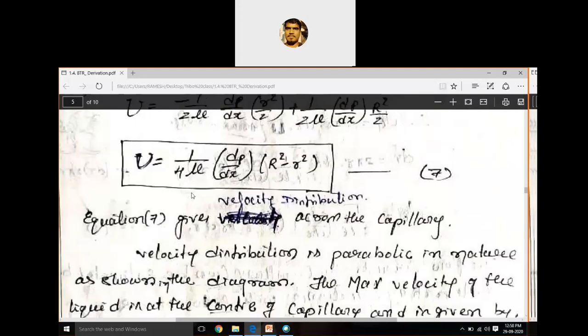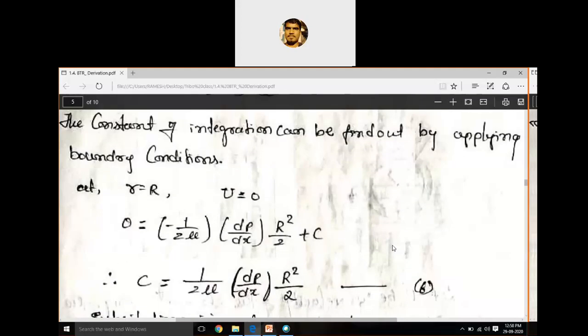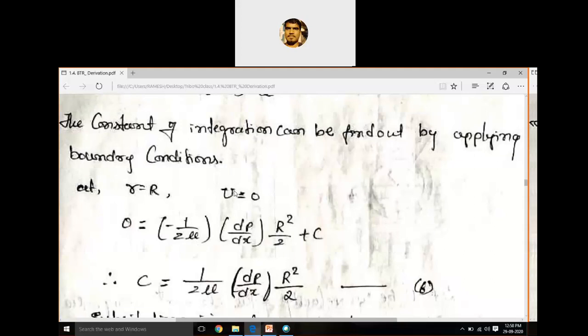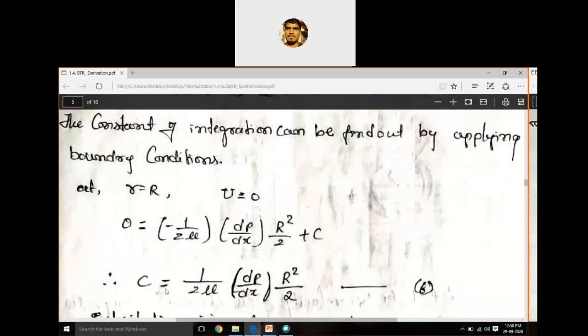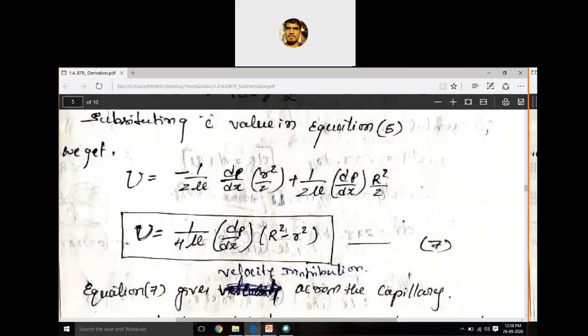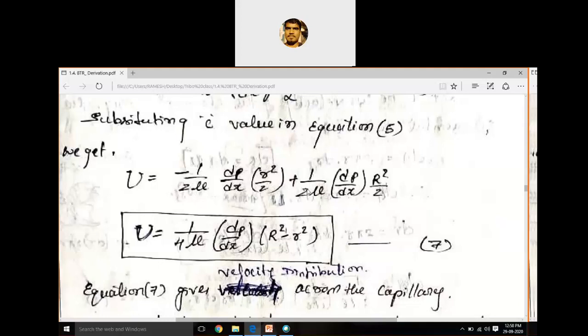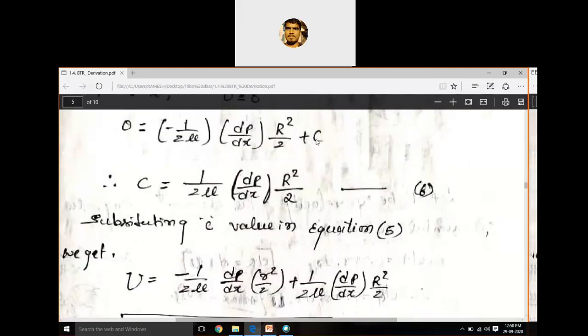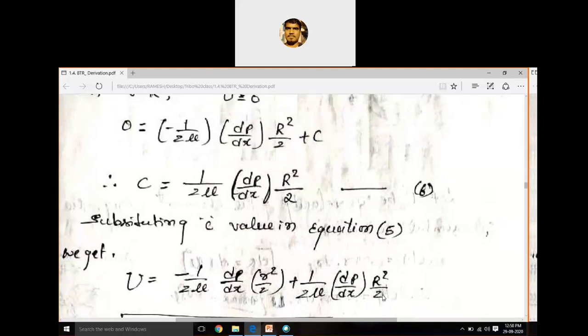Similarly, second boundary condition, when small r is equal to 0, velocity is u max. By applying these two, you will get the value of c. Substituting the c value in the equation, you will get u is equal to minus 1 by 2 mu dp by dx r square by 2 plus, the value of c substituted here, 1 by 2 mu dp by dx R square by 2.